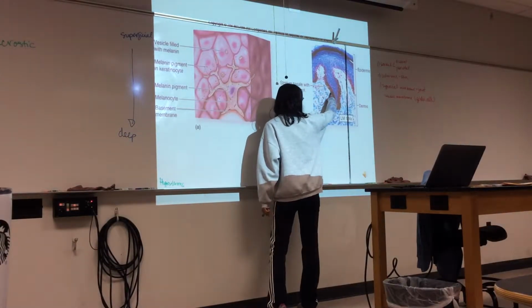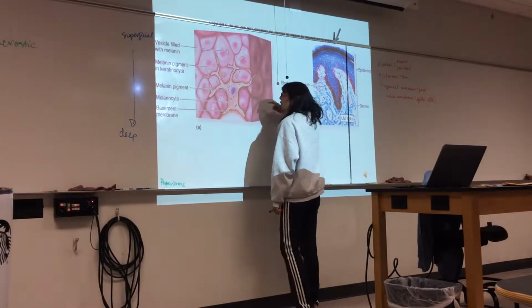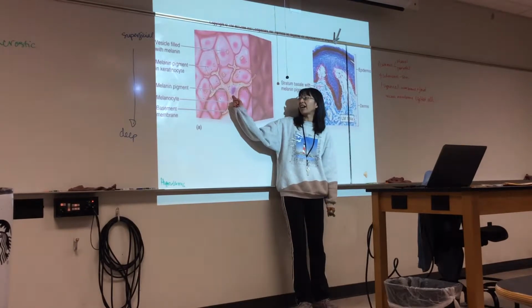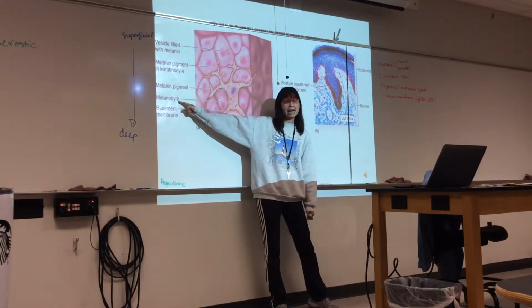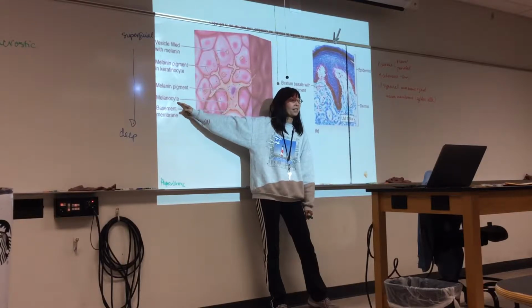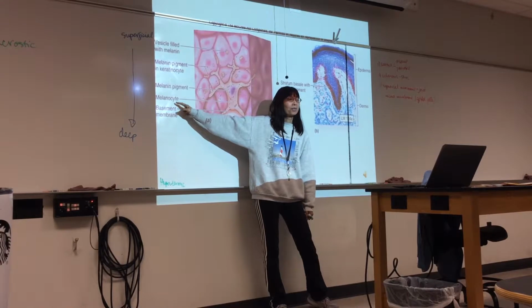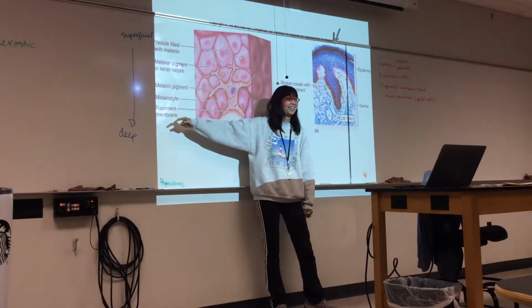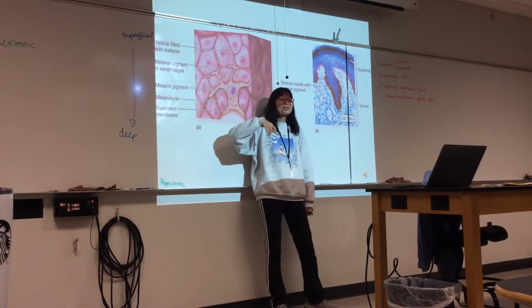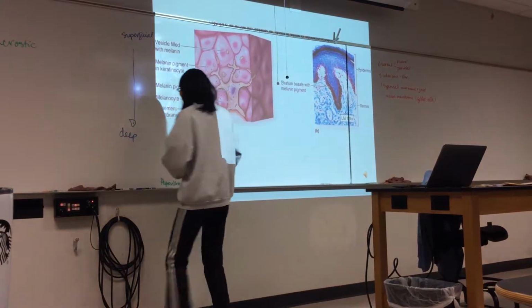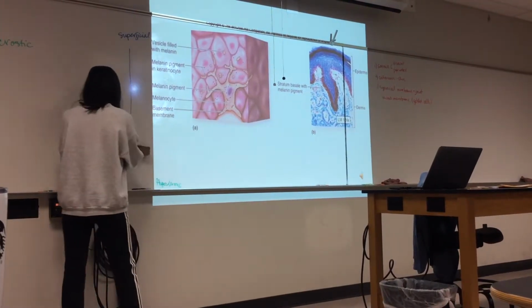Right, basale. In the stratum basale, you're often going to find melanocytes. What do these cells do? They make pigment. What pigment? Skin pigment, melanin.